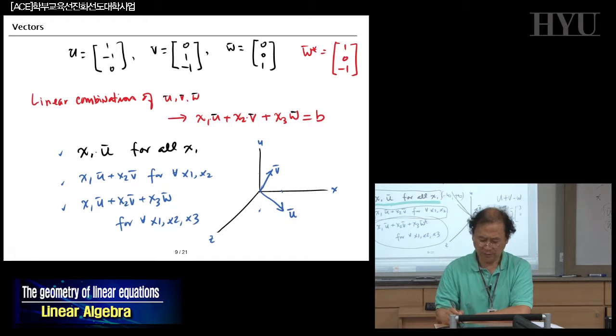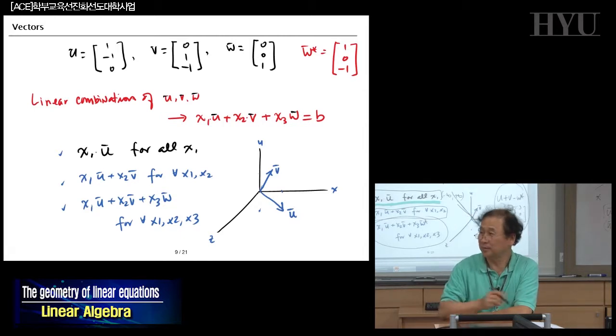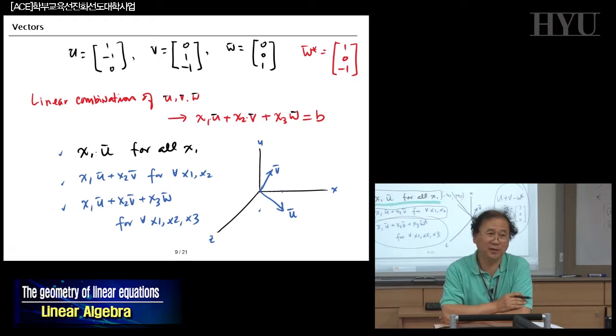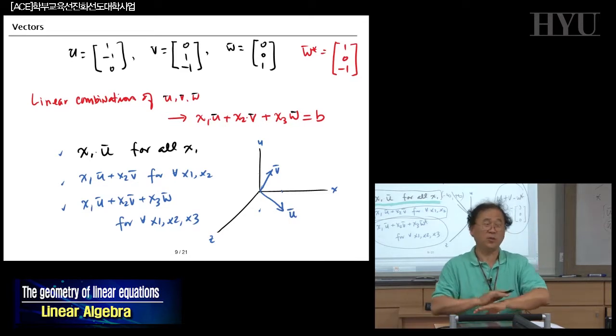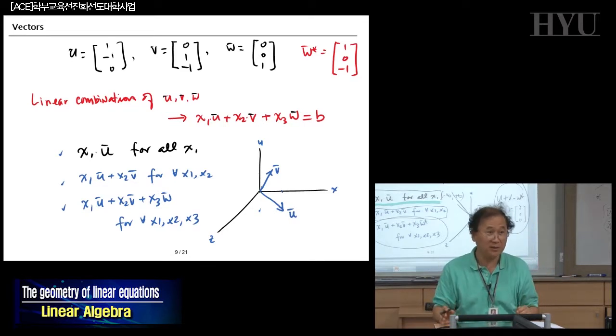This is 0, 0, 0? This W star, I'm sorry. Right? What does it mean? They are linearly dependent. So when you add them up this way, it doesn't cover the whole space. It covers some spaces. Okay?